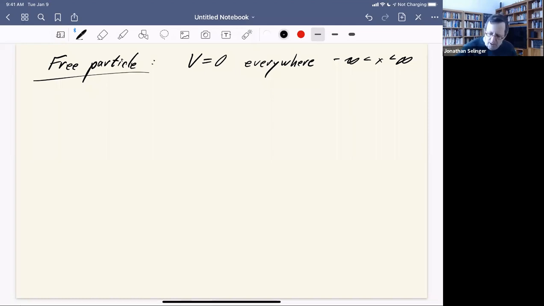So we want to solve Schrodinger's equation the same as we normally do.